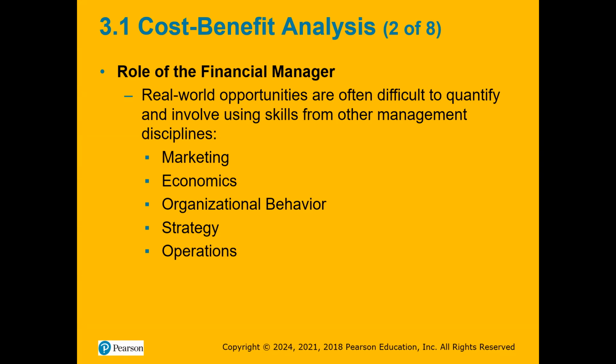And finally, financial managers must have some operations expertise because it is necessary to ensure the efficient execution of financial plans. So embracing these interdisciplinary skills will equip financial managers to tackle the diverse challenges that financial management presents in the dynamic business environment.